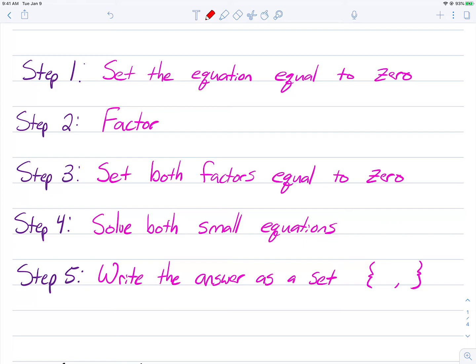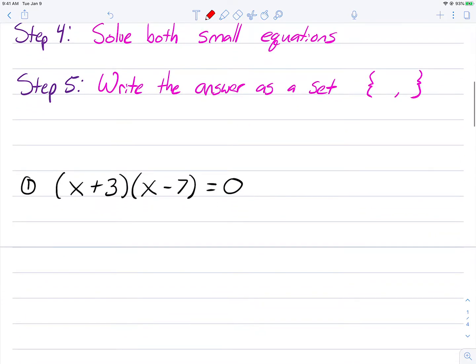So now we're going to have two small equations and we're going to solve both of them. And then at the end, we're going to write our answer as a set. So we're going to use the braces and we're going to put 2 or maybe 1 or maybe no answers depending on what the problem needs. So let's look at problem number 1.